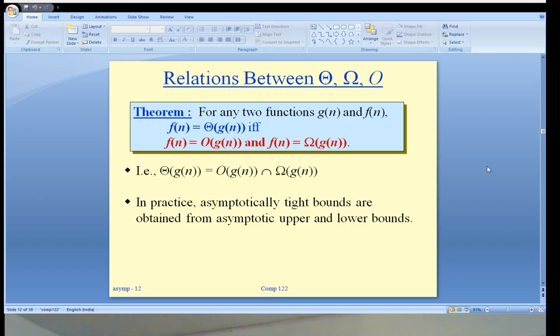So in short, we can say that theta gn is equal to big O gn intersection big omega gn. Practically, asymptotically tight bounds are obtained from the asymptotic upper and lower bounds.